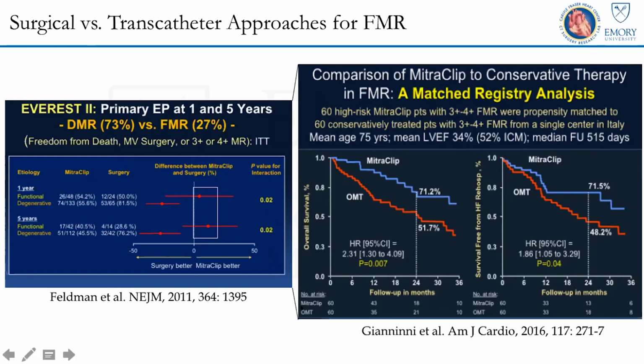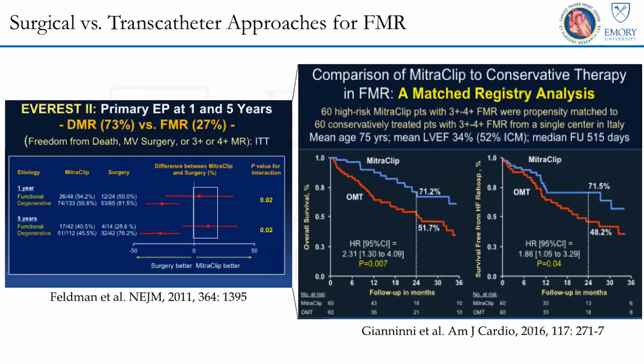Based on the study, there was a comparative registry done where 60 patients who had received MitraClip therapy for functional MR were compared against an equivalent registry of patients who had only optimal medical therapy. And what they found was that MitraClip fared much better in terms of overall survival, and also in terms of heart failure hospitalizations compared to optimal medical therapy.